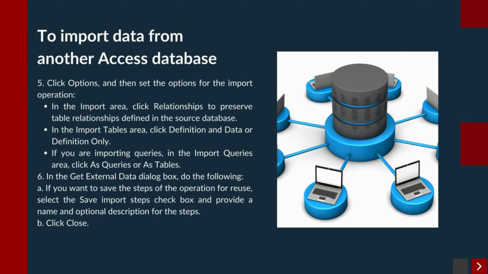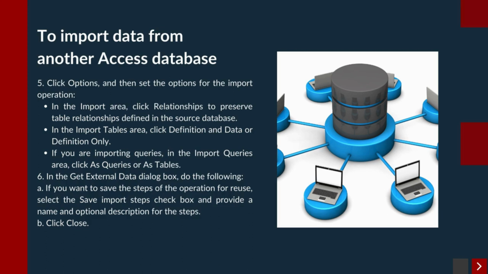In the Import area, click Relationships to preserve table relationships defined in the source database. In the Import Tables area, click Definition and Data or Definition Only. If you are importing queries, in the Import Queries area, click as Queries or as Tables.